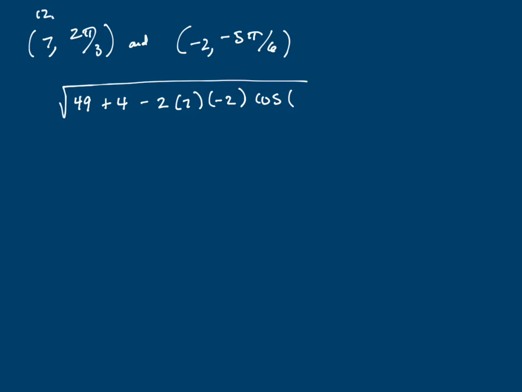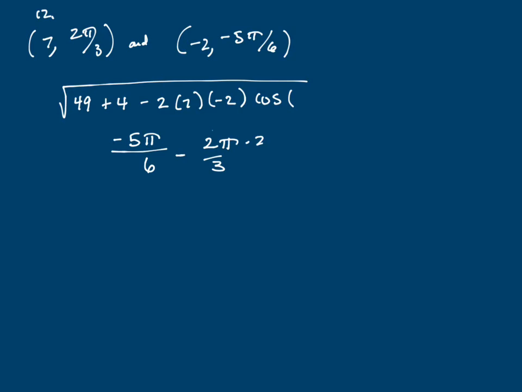Okay, hang on. Of course, it doesn't matter which angle you make first, but the formula says use the second one, so I didn't do that for the last one, but it won't matter. Negative 5 pi over 6 minus 2 pi over 3.